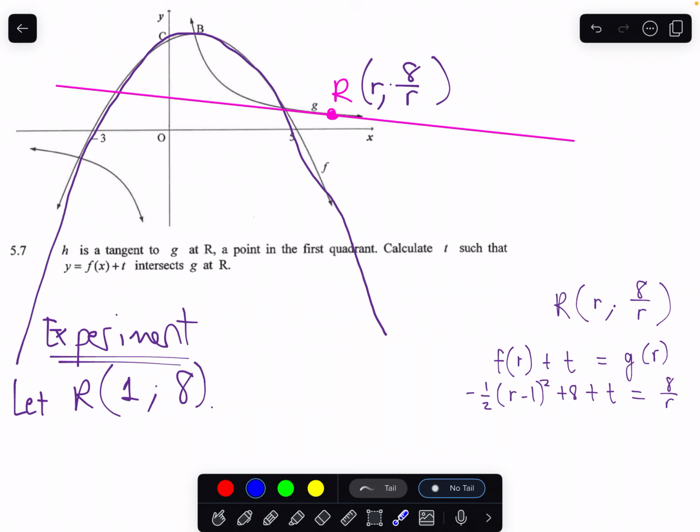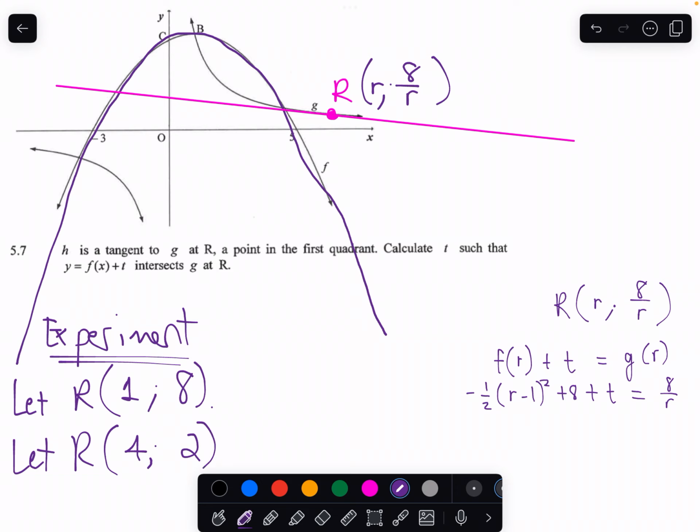But if we were to choose a different r, so if we had chosen, for instance, r is 4, right? Well, x coordinate being 4, y coordinate would be 8 over 4, which is 2.